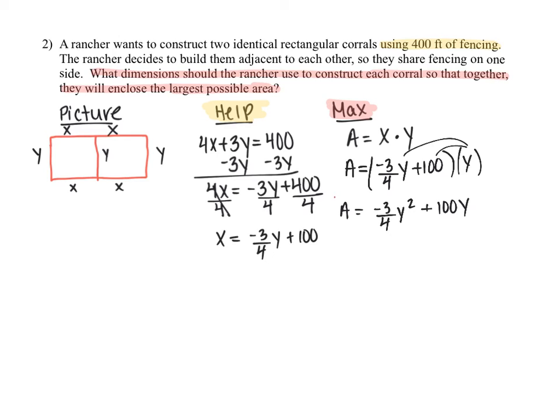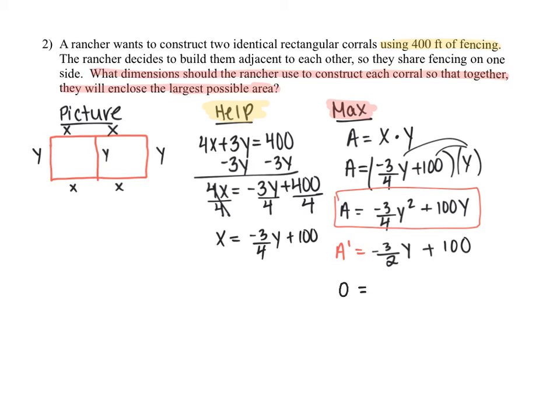So this is my maximum equation that I'm going to need to take the derivative of. So we'll call the derivative A prime, and we'll take our derivative. So 3/4 times 2 is negative 3/2 y plus 100. And remember, to find the maximization, we need to set our derivative equal to 0.